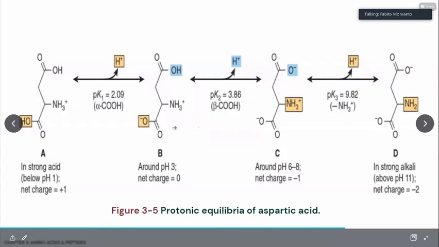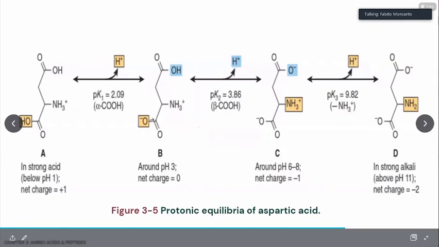Look at this. Why? Because the OH here loses its hydrogen. And the amino group has a positive charge.